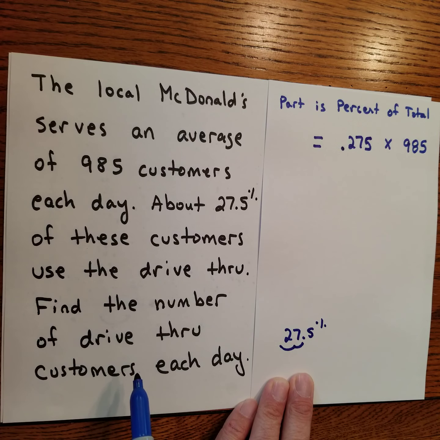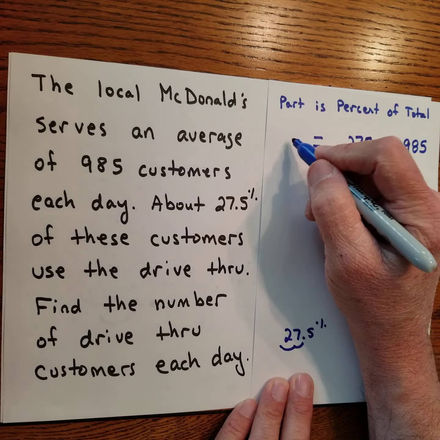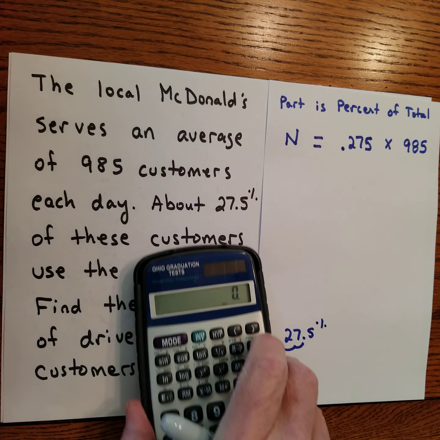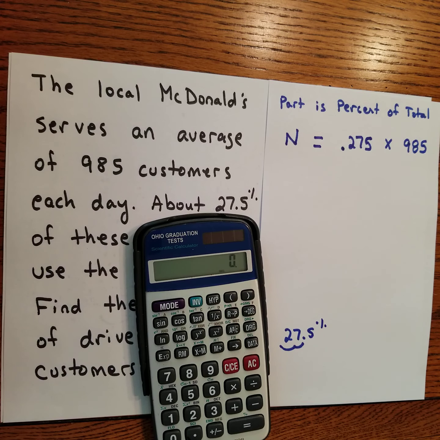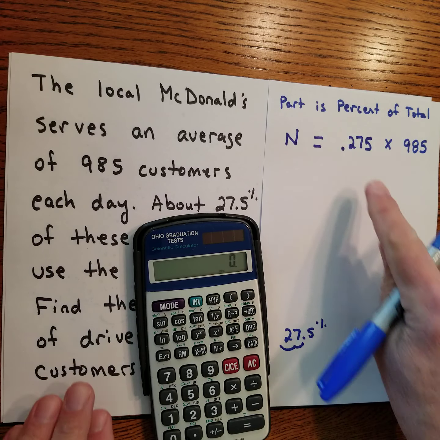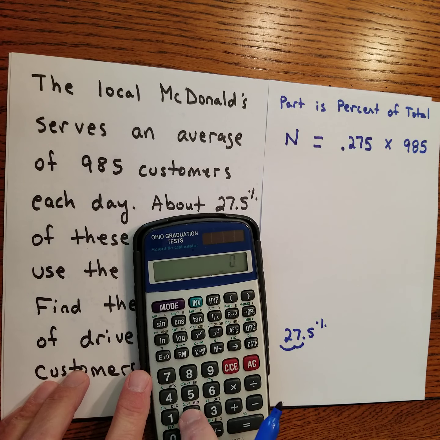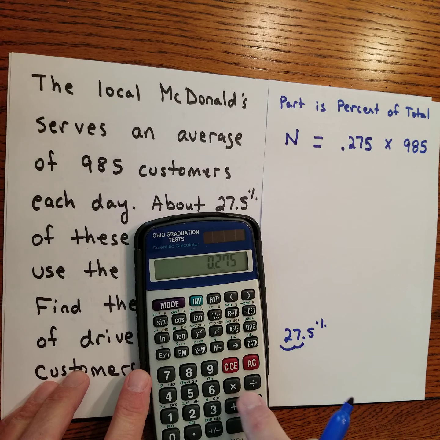Well, the drive-thru customers, that's not the total number of customers, that's just some of the customers. Now let's use a calculator to get our final answer. We'll multiply 0.275 times 985. 0.275 multiplied by 985.